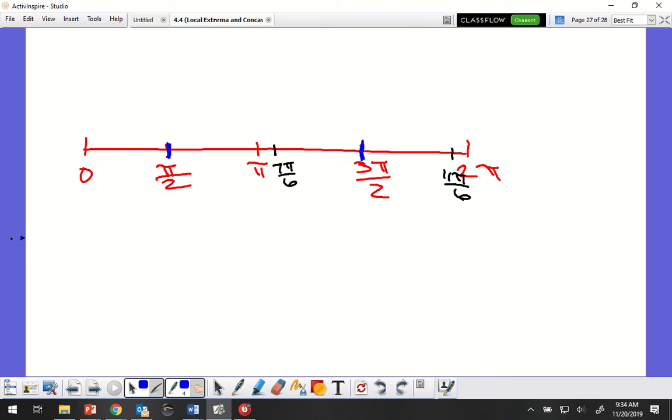So let's use the second derivative test now to tell me if each one is going to be a min or a max. I should have mins and maxes at 7 pi over 6 and 11 pi over 6. My second derivative was 2 cosine x, right?